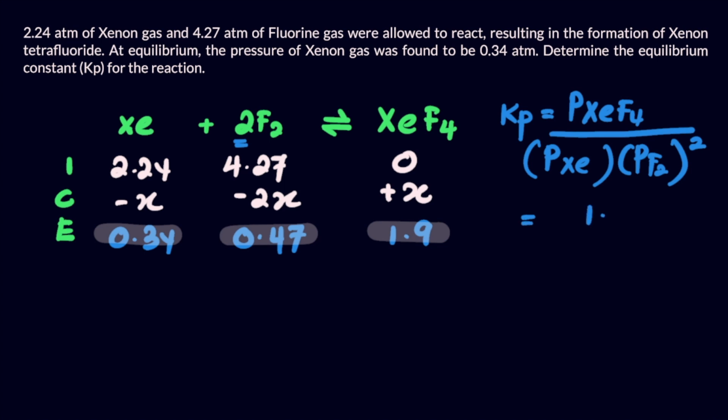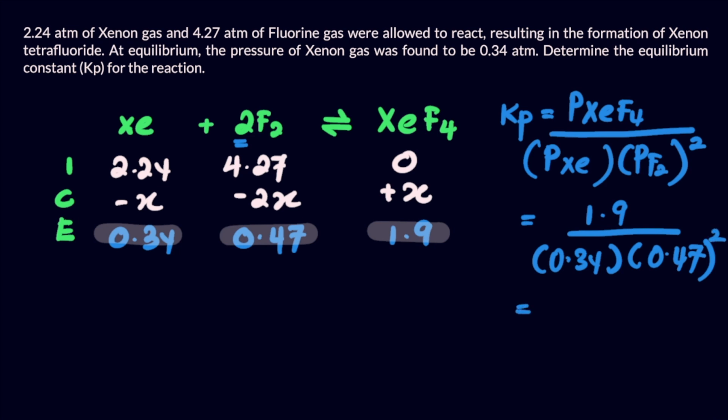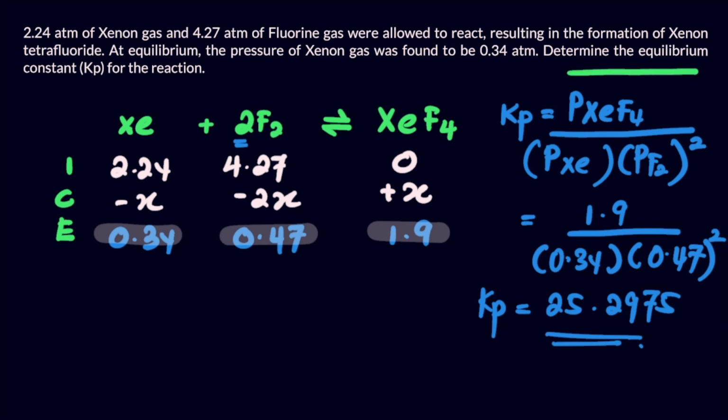So we need to plug in the value: 1.9 over 0.34 times 0.47 squared. So you will get your Kp equivalent to 25.2975. Bear in mind, in the question you were asked to determine the equilibrium constant Kp for the reaction. So this is the final answer for the first question.